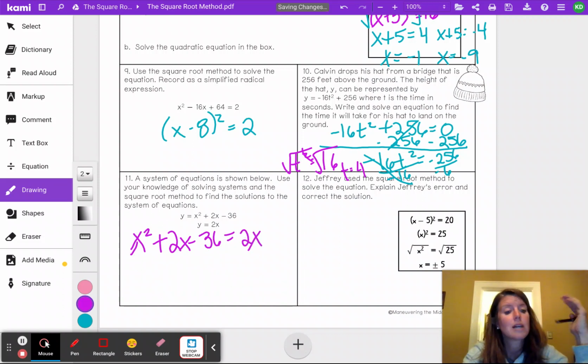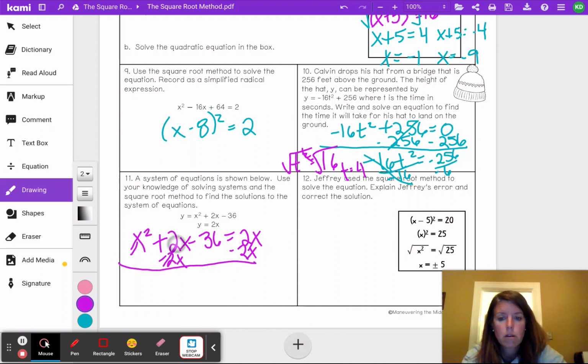Okay, we're using that substitution method. We're taking out the y in the first equation and we're substituting in 2x because that's what the second equation tells us that y equals. And now we're just going to combine our like terms. So subtract 2x. And now I've got x squared minus 36 equals 0.